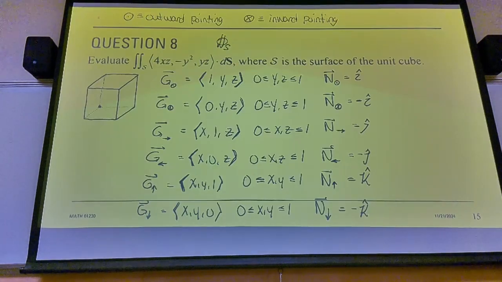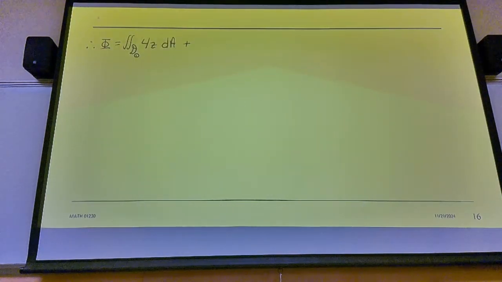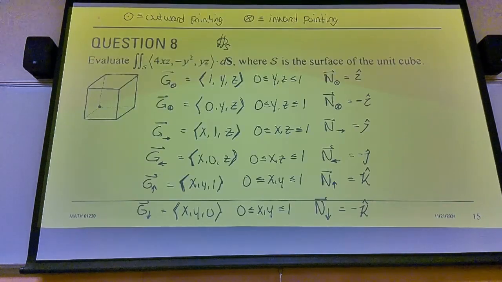Now for the right. What happens when you multiply a vector by j hat? Just the second component. So this is all we care about: the negative y squared. It's just negative 1. I will keep it as plus. I think I will write this out just to have it.